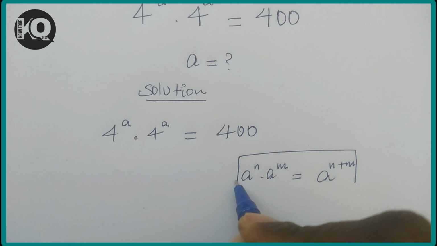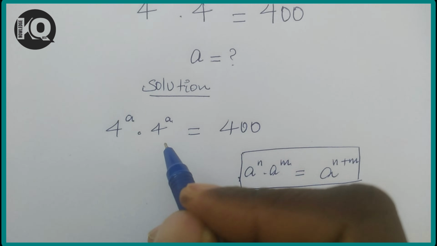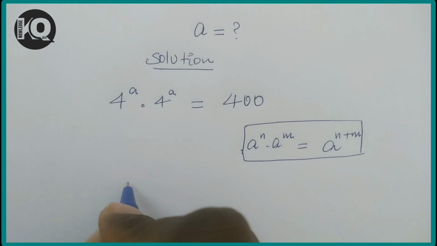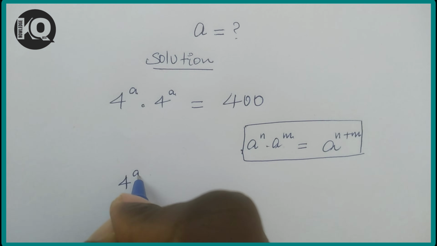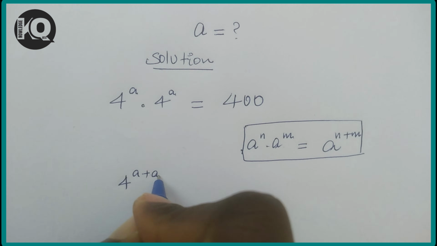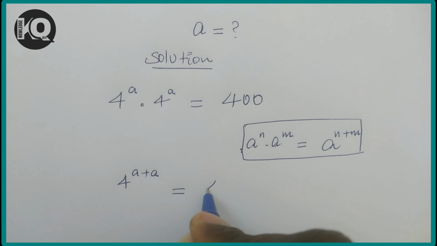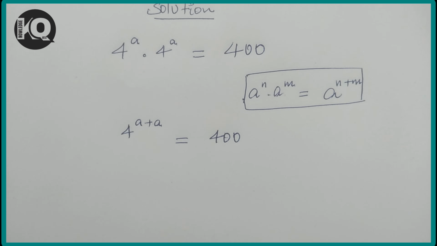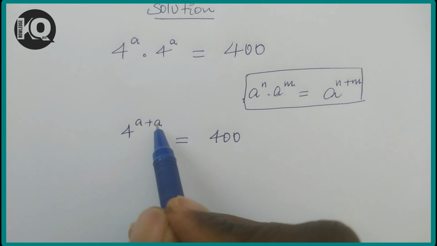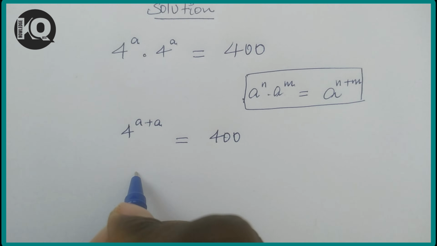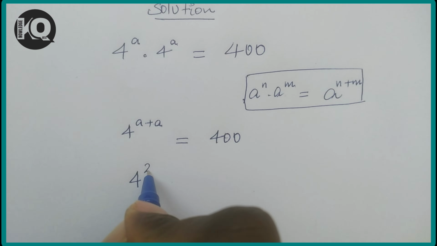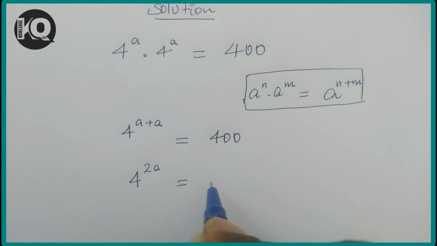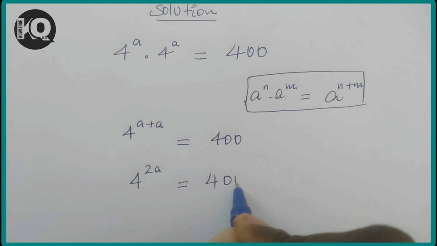So applying this rule to this part, it will be 4 power of a plus a, which is equal to 400. So a plus a will be 2a, so 4 power of 2a is equal to 400.